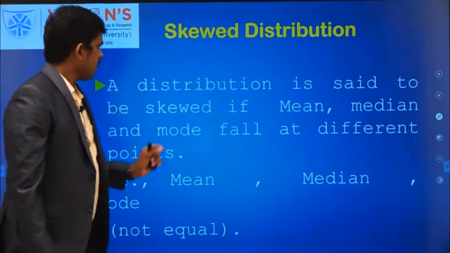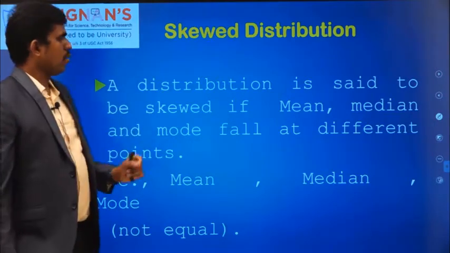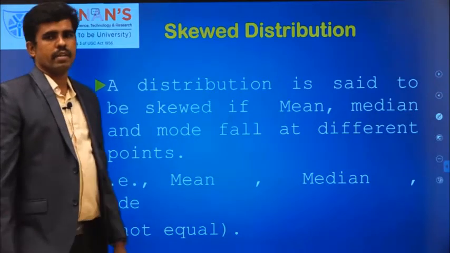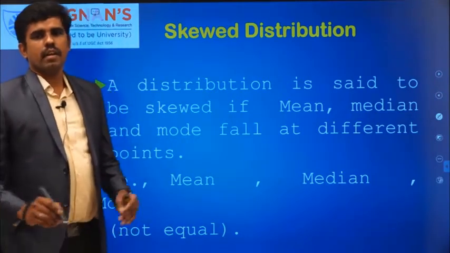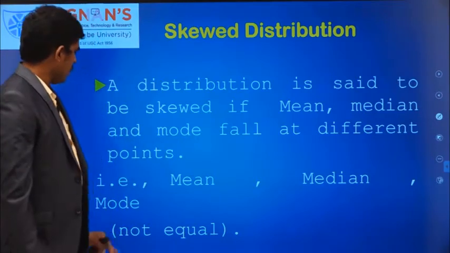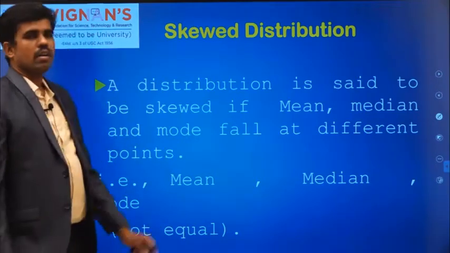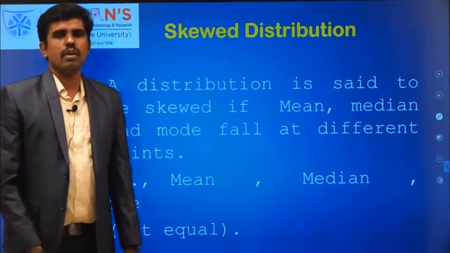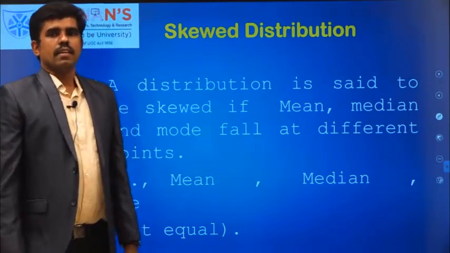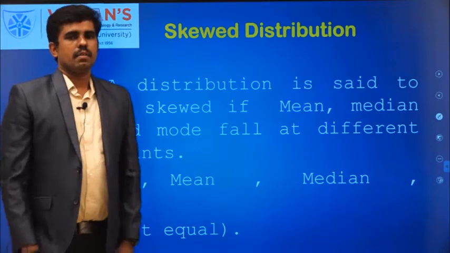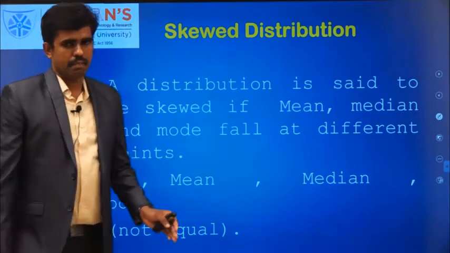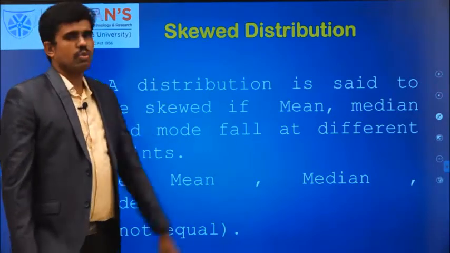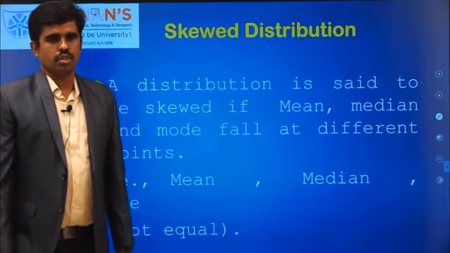A distribution is said to be skewed if mean, median and mode fall at different points, which means they are not equal. That is, mean, median, mode not equal. If you get mean not equal to median not equal to mode, then definitely the given data belongs to the asymmetric type. It is not a symmetric type, so it belongs to a skewed distribution.